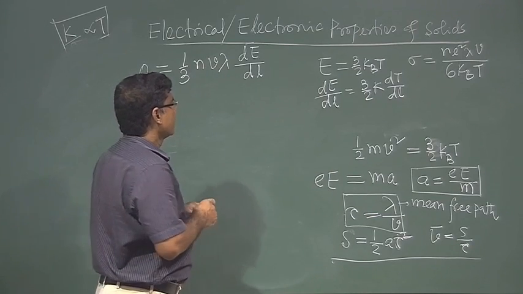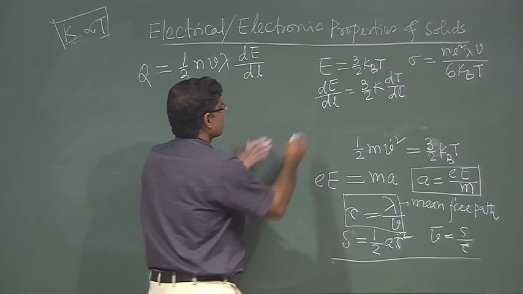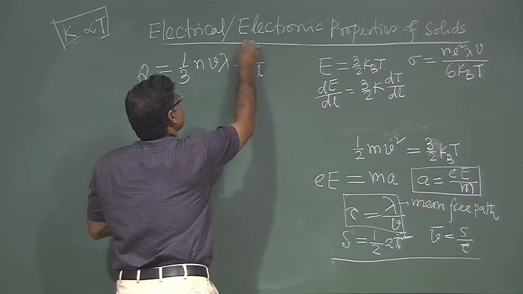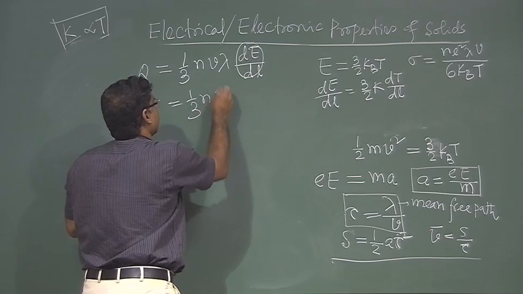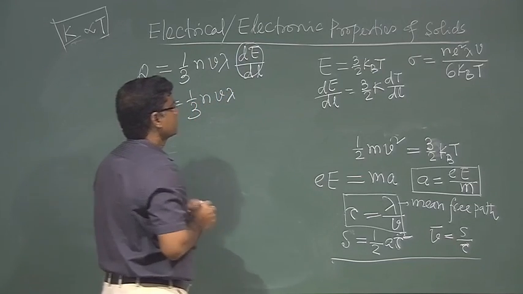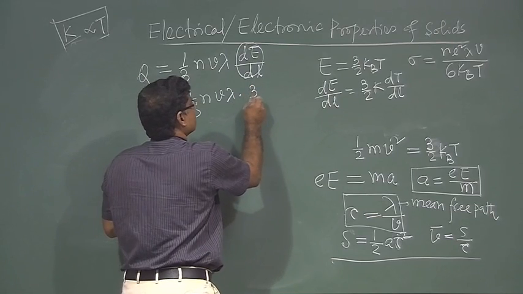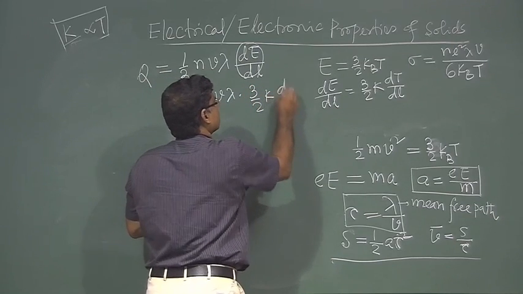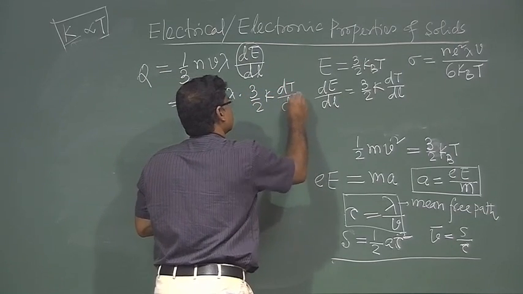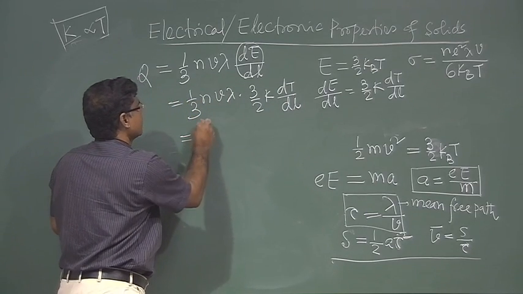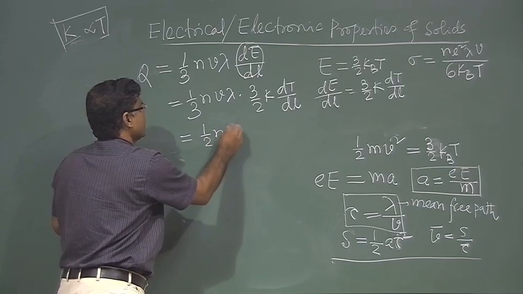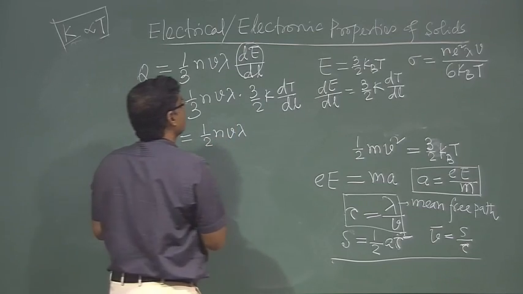Okay. So, then I can replace this with dl, right. So, this will give me half n v lambda kB dT by dl.